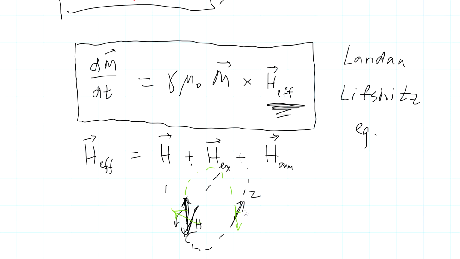Now magnetic field is pointing in this direction, which means that magnetic field produced by number one affects number two, and number two will start to move. It doesn't move, but it rotates. So as number two rotates, magnetic field affecting number one changes, and that affects how number one is moving. And these are only two magnetic moments.